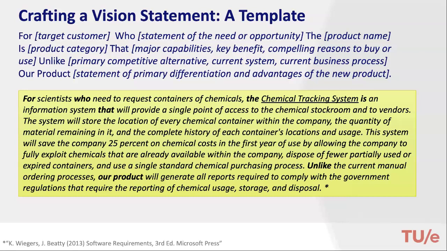So basically, you have to define the target customer, a statement of the need or an opportunity, and the product category, perhaps major capabilities, benefits, and the reasons why you would like to use this software, and perhaps put it in context with the competitive alternative systems, or the current system or current business process, and how the particular product you have in mind would be different from the existing ones, or what advantages it would bring on top of the existing ones, or address the challenges that are there if there's no existing system.